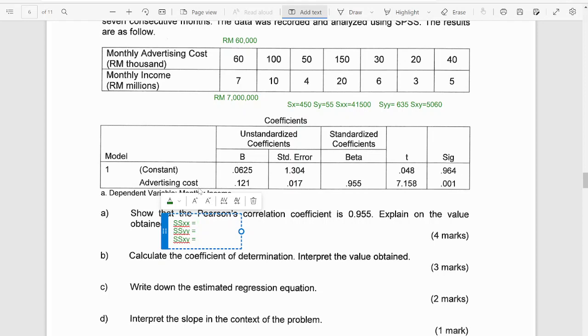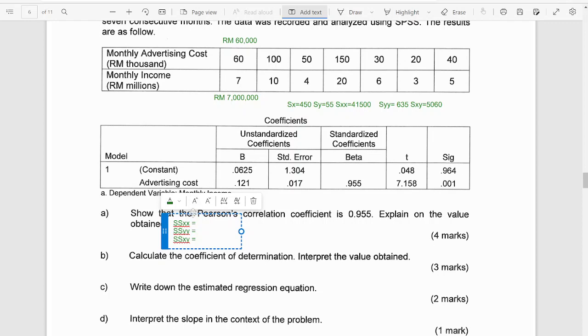Okay, you want the sum of squares SSXX. So that means you punya formula: the summation of X squared minus summation of X squared divided by n. So n here is equal to 7. So in this case you have 41500 minus, and then you punya summation of X is 450 squared and then divided by 7.